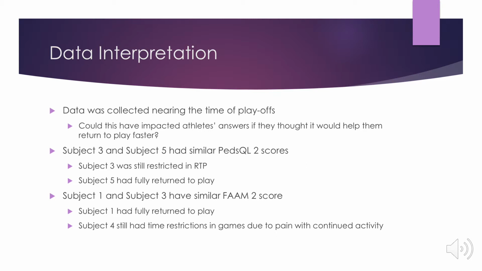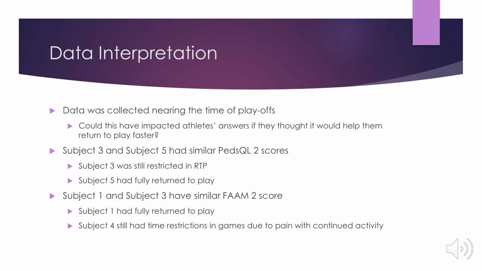So remember, subject 3 had a 65.22 and subject 5 had a 66.30, and yet they were not in the same area of return to play. So one had fully returned and one was only partially returned.